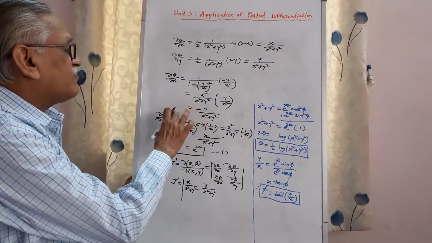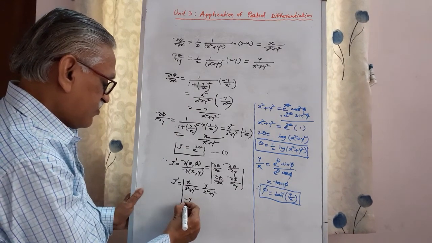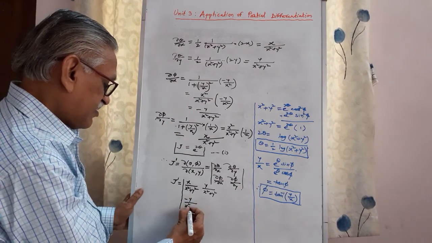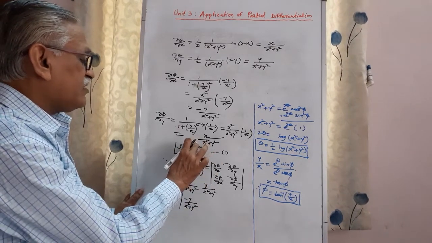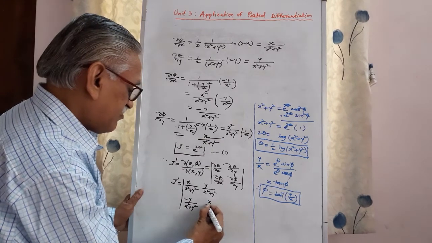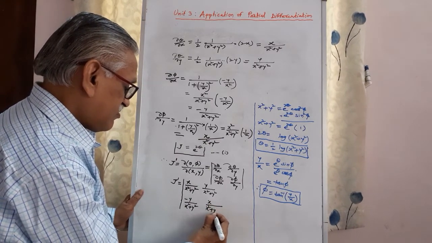Then dou phi by dou x, it is minus y upon x square plus y square. Dou phi by dou y, it is x upon x square plus y square.